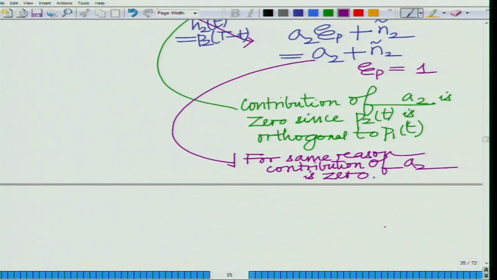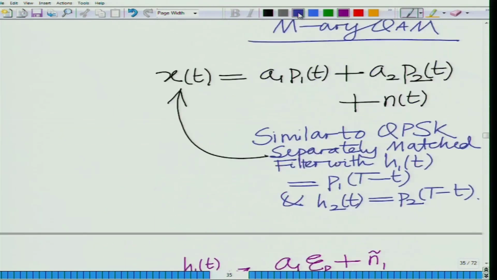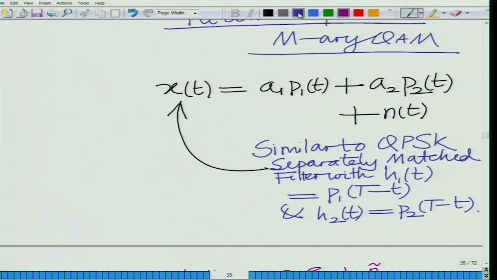Okay. And further, let us assume that the received signal, I am sorry, this is not the transmit, this is Y t, which is X t plus N t. Remember Y t, we are assuming an AWGN channel.